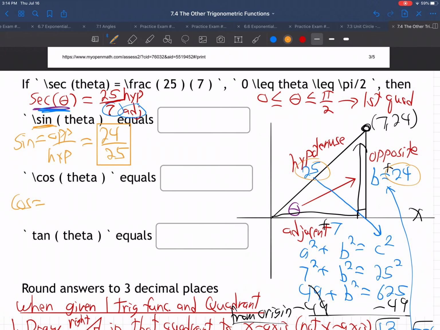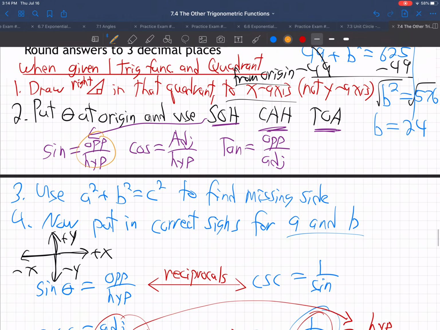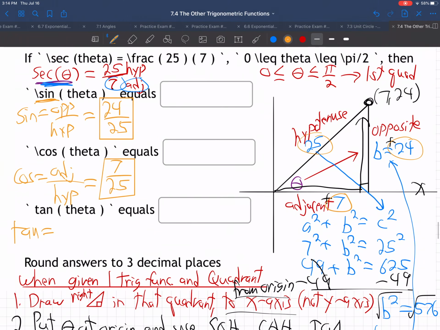Cosine is adjacent over hypotenuse. What's the adjacent? 7 over the hypotenuse of 25. So there we go. Last, tangent. What's tangent? Now tangent is opposite over adjacent. So opposite, 24 over adjacent, 7.